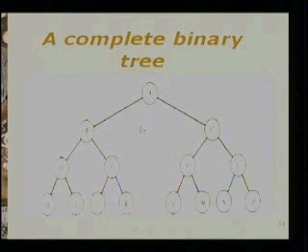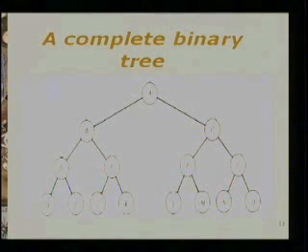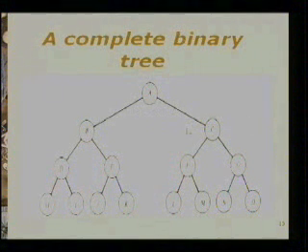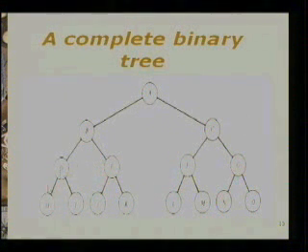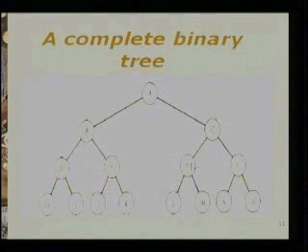Now please have a look at that image, a complete binary tree. A complete binary tree means it satisfies all the requirements to be called as a binary tree, but it is having 2 children for each and every node. So though it can be called a binary tree with at most 2 children, in the case of complete binary tree, each and every node will be having 2 children except those of the bottom line, which are called leaf nodes.